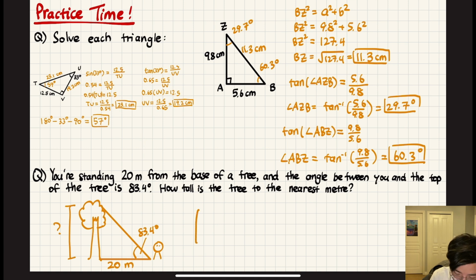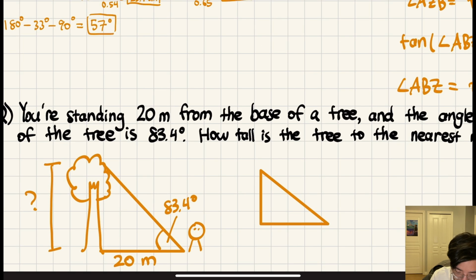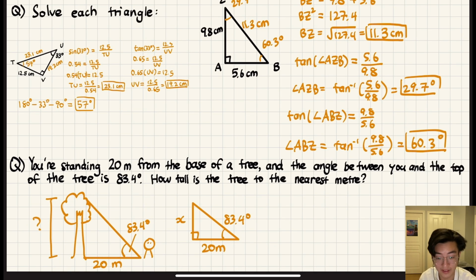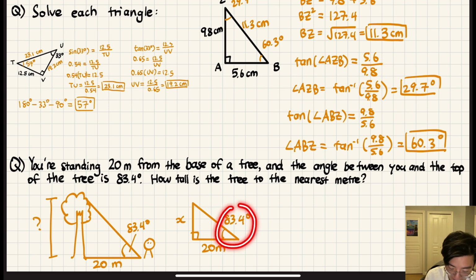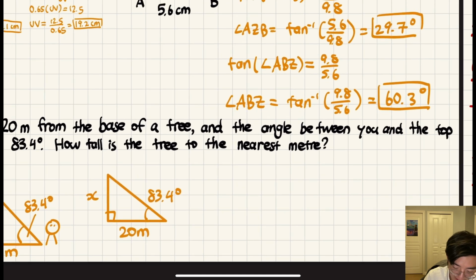So as a smaller triangle, all we're saying is, here's a right triangle with an angle of 83.4 and 20 meters. We want to solve for this x here. We want to see how tall the tree is. And we're given this angle. We don't know the opposite, but we know the adjacent, which means it's time for sine.